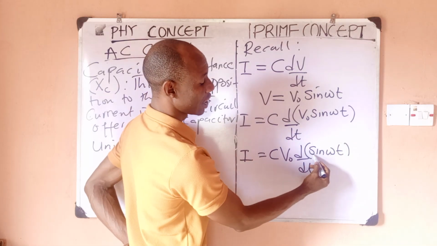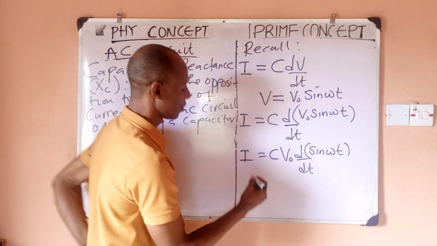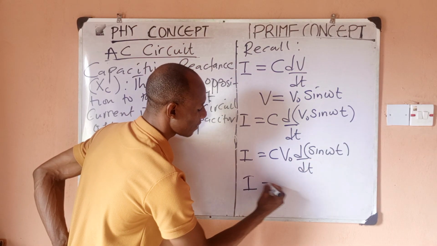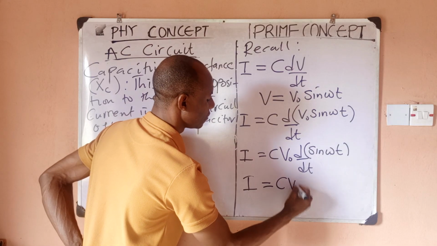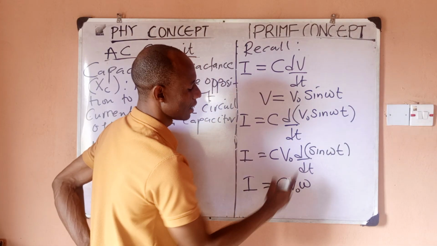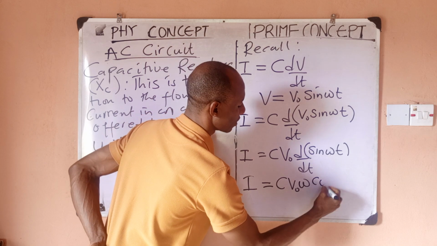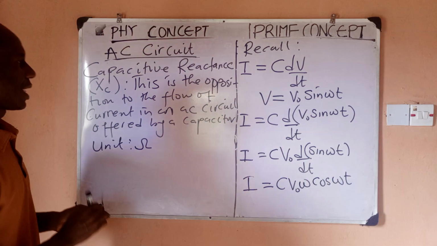Then you differentiate sine, you get cos. Then you write back omega t. So I is going to be C V naught omega cos omega t.